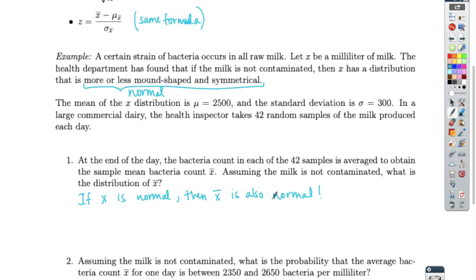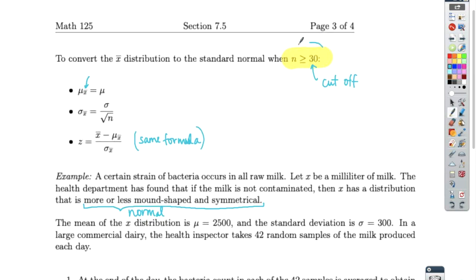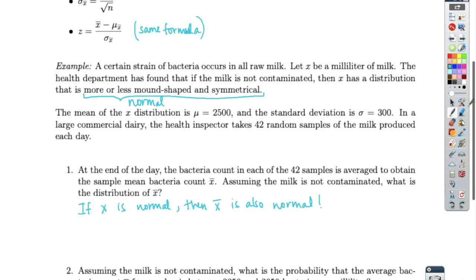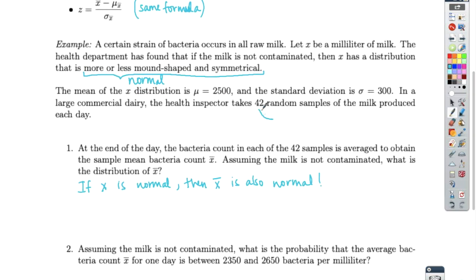Also, if you were concerned about this phrase, like, well, it doesn't really say that it's normal. It says it's mound-shaped and symmetrical, but maybe that's not close enough to normal. Don't worry, because this is the cutoff: we don't have to worry about the X distribution as long as our sample size is greater than or equal to 30. In this case, our sample size is 42, which is definitely bigger than or equal to 30.